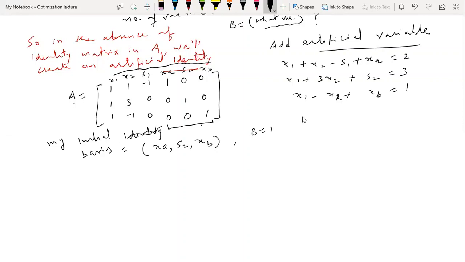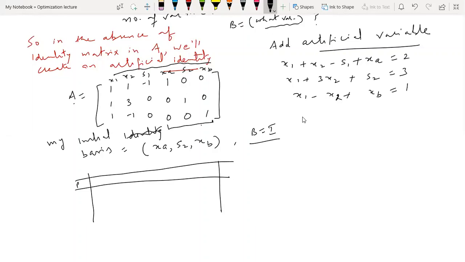So I say my B is an identity matrix, and once I have an identity matrix, it is very easy to create the first simplex table. So what is my simplex table here in this case? This will be your table. I'm taking in my basis xa, s2, and xb.